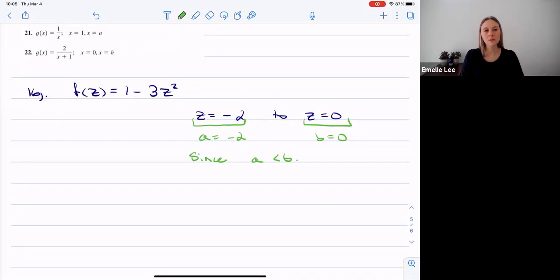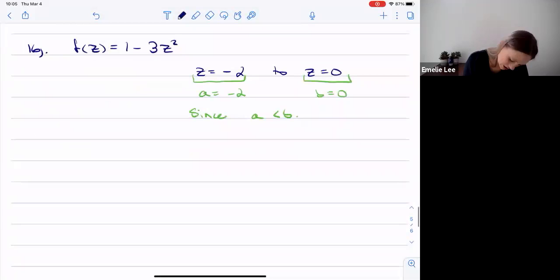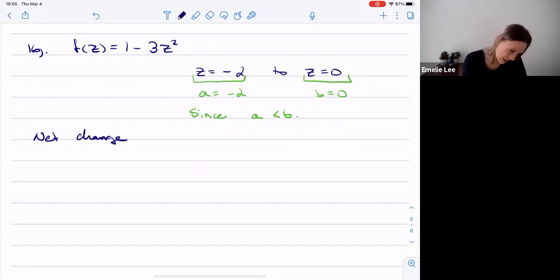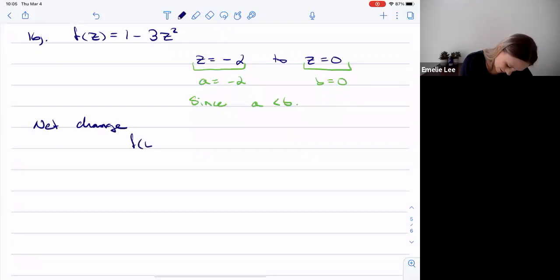In terms of my net change, which is from the previous section, I think it was 2.1 maybe, the net change is f of b minus f of a.